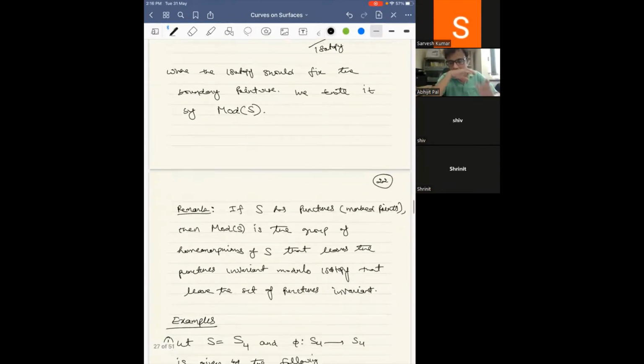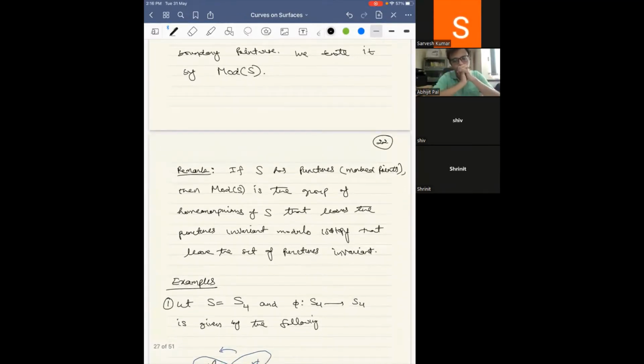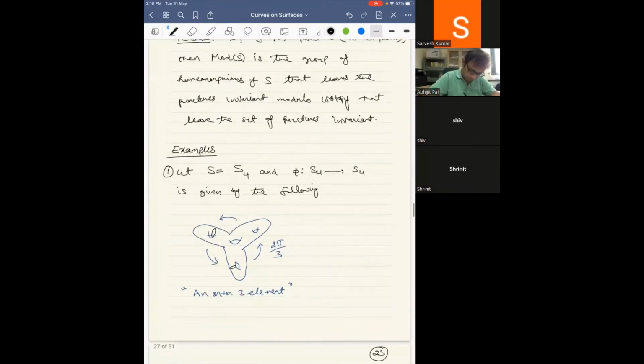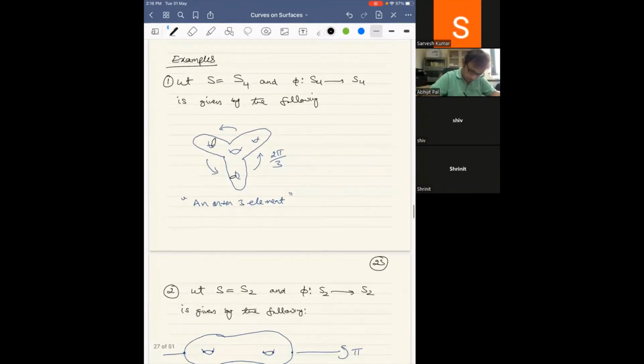And here is a remark about punctures. If your surface has punctures, then you are allowed to permute them. That we discussed already. And these were some of the examples discussed in the tutorial session, but I will simply give you an overview. For example, this is an order 3 element in a genus 4 surface, and you can see this is a free rotation.